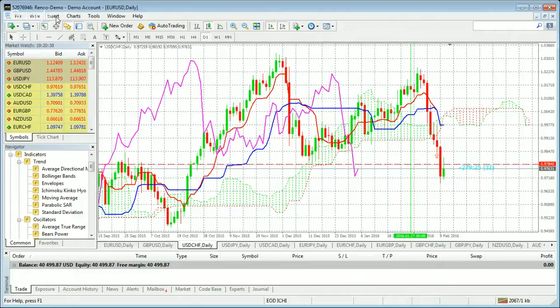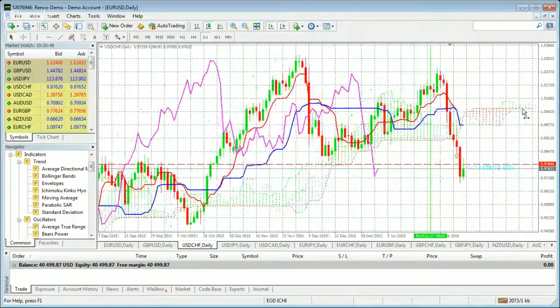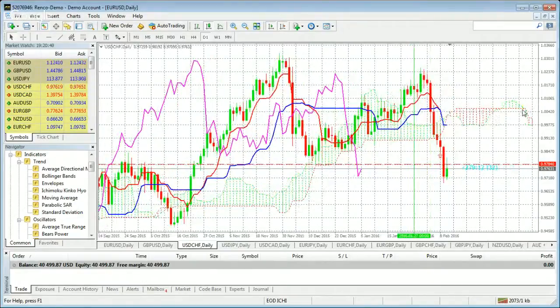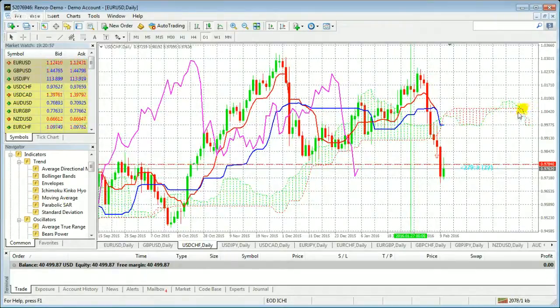Let me just mark that out for you guys. Right over there. See that? Future Kumo cross. That would have happened right about the same time.